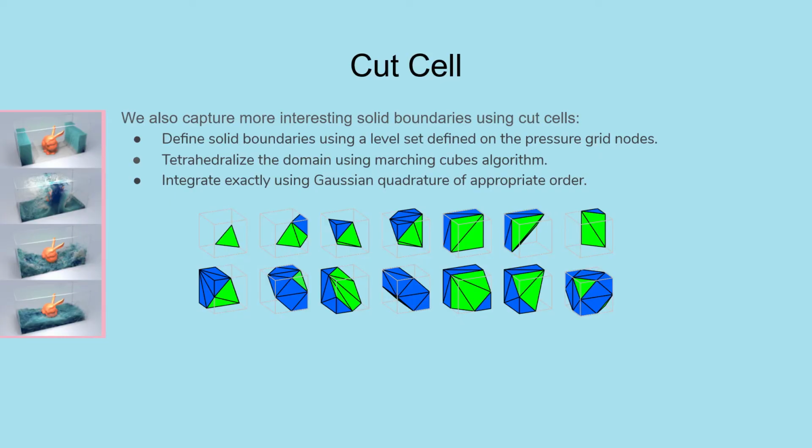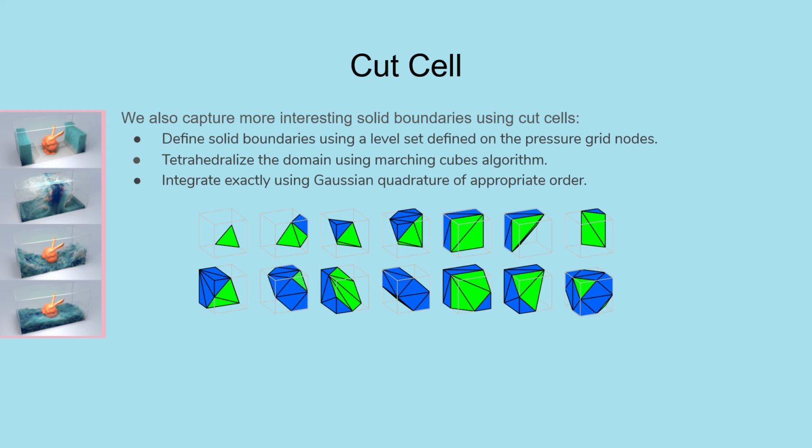We have mentioned cut cells a few times and shown examples demonstrating their application. We do cut cells by creating a level set with values on the pressure grid. We then generate a zero isocontour and tetrahedralize the enclosed domain using a marching cubes algorithm.